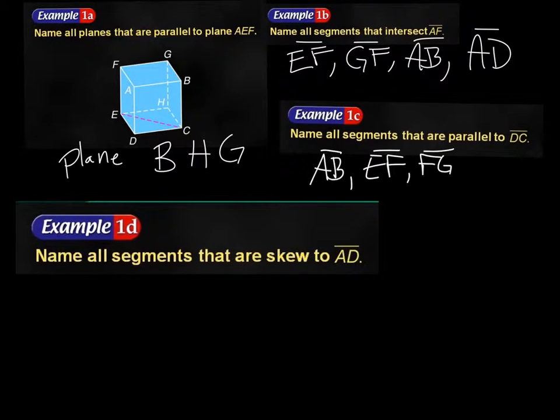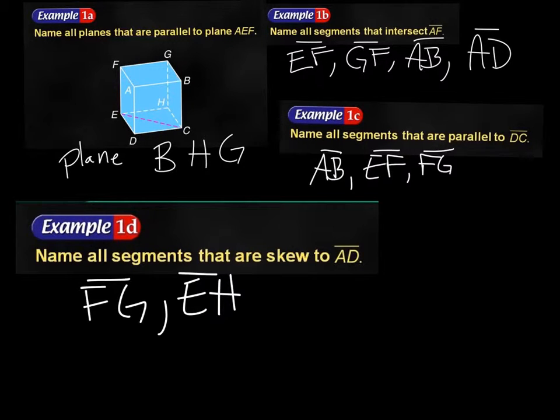Segments skew to AD. Okay, AD is here, so we need them not to be in the same plane at all with AD. So AD is going up and down, so I want things that are going right and left, like FG, and then look for things that are parallel to FG. So I've got FG, and that would be parallel to EH.